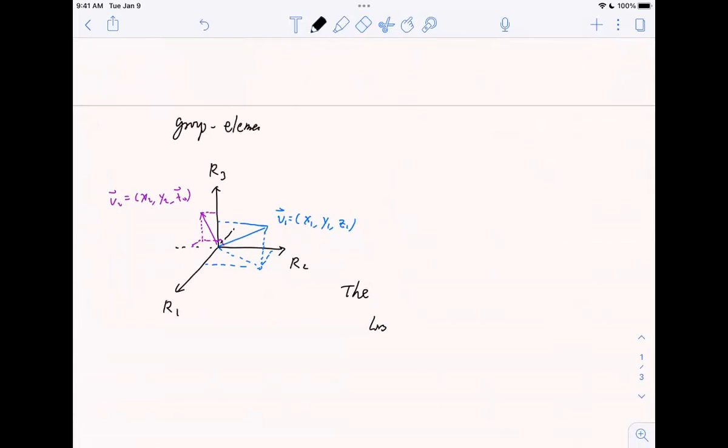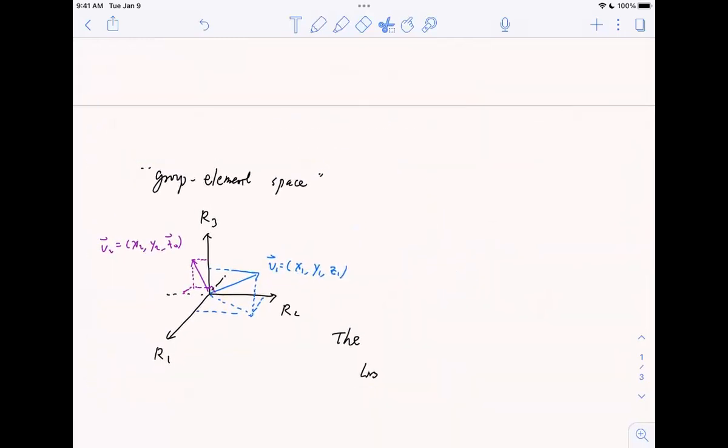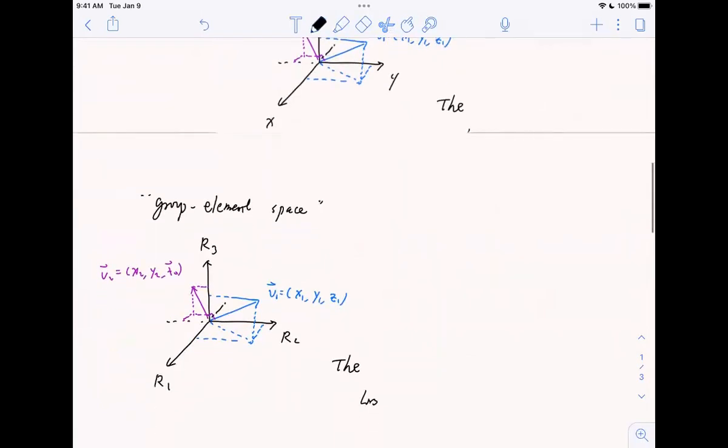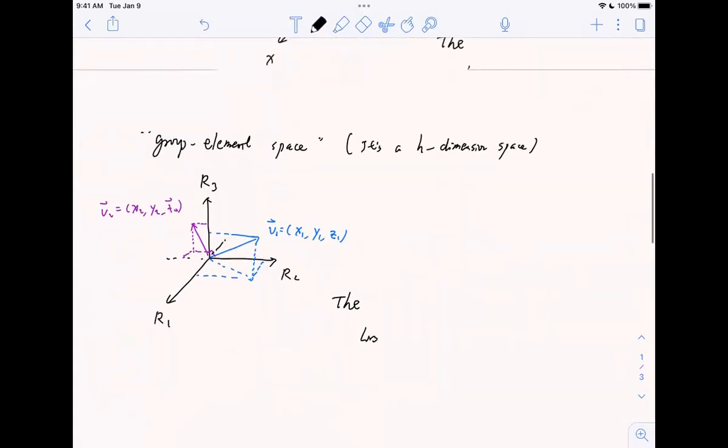You make a group element space. Of course here I only use 3, but in principle you can have many. Then it is an H dimension space, because the total number of elements in the group is H.